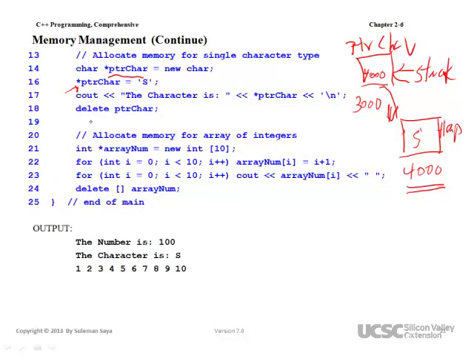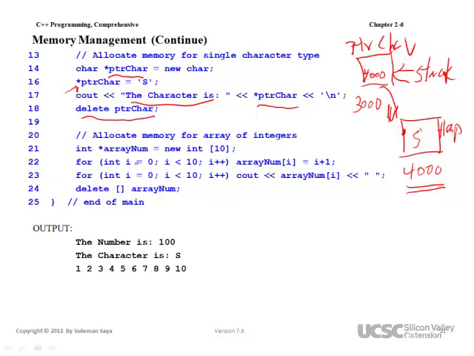And then at line number 17, I am saying print this string and then dereference the ptr char. So when we dereference the ptr char, we come right here, dereference it, and we will have this s in there. So it will print out s right after this string.